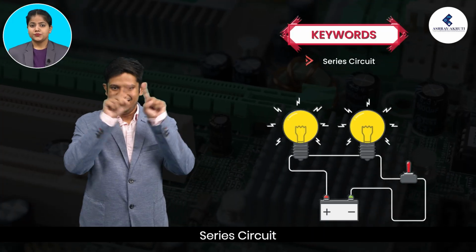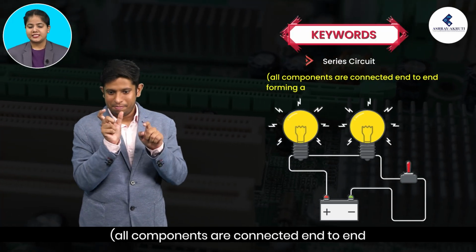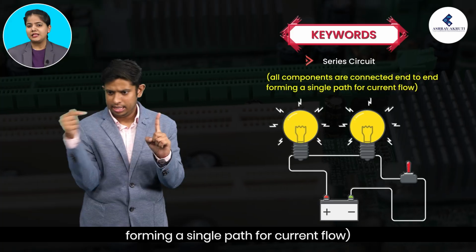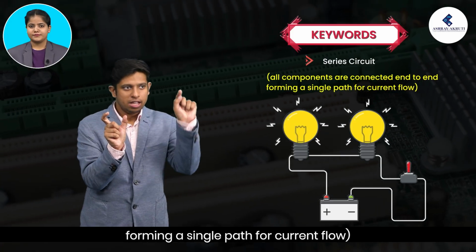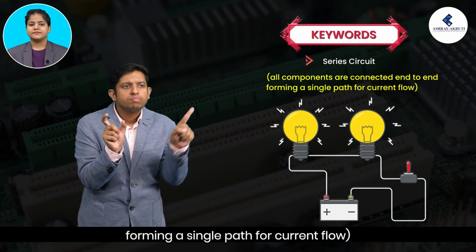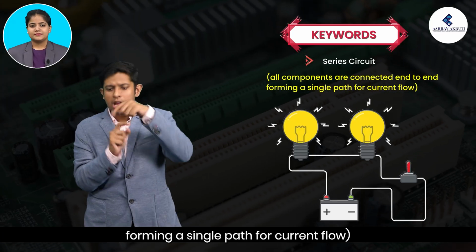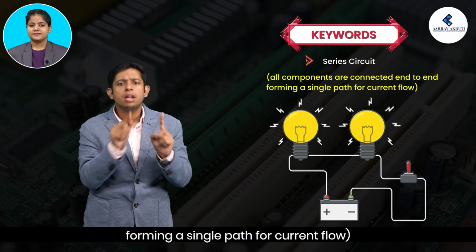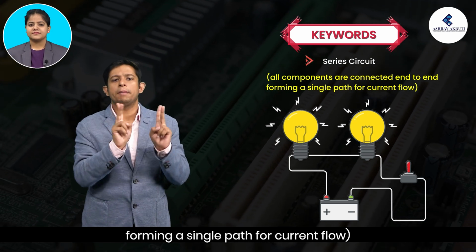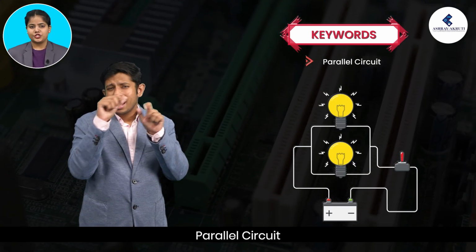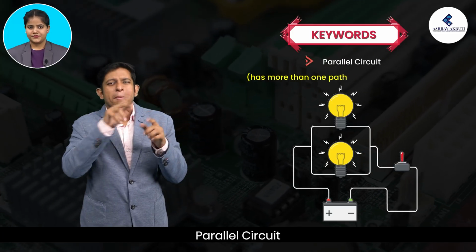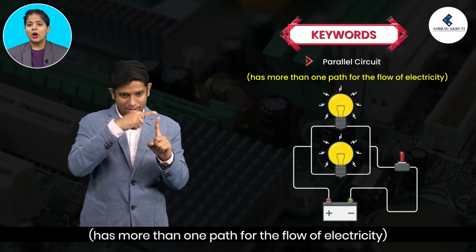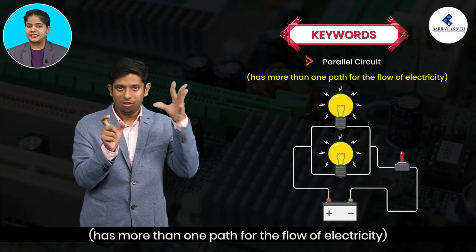Series circuit. All components are connected end to end, forming a single path for current flow. Parallel circuit has more than one path for the flow of electricity.